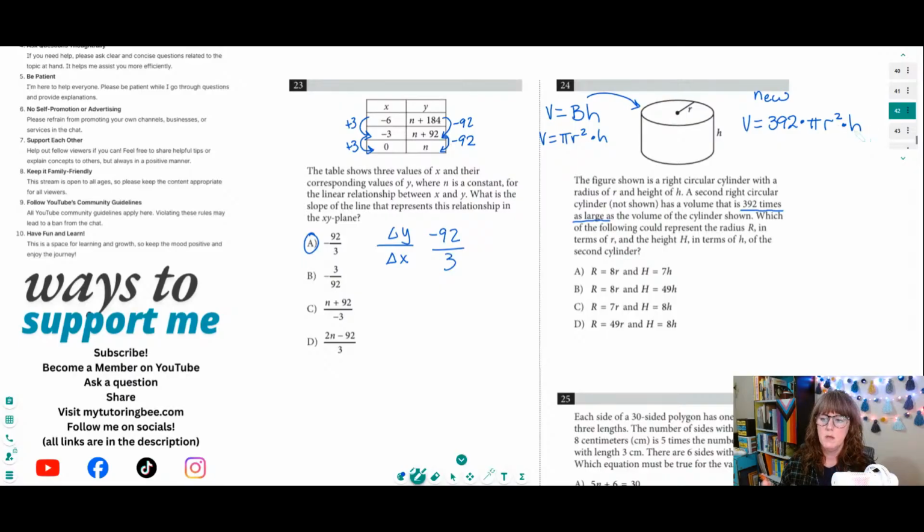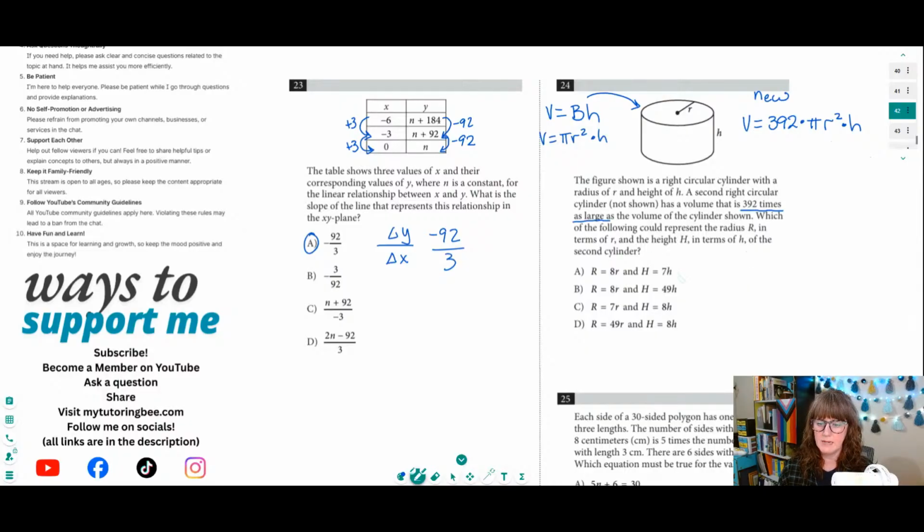Okay? So let's look at our answer choices down here, because I'm seeing that they're representing each individual part, the radius and the height. So what we're looking for is which of these would give us 392 times pi times small r squared times h, right?